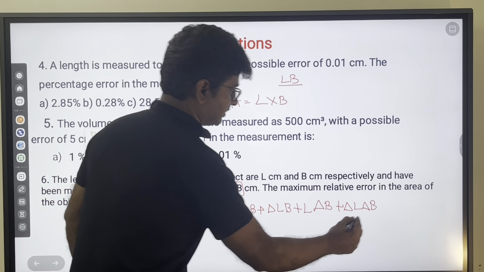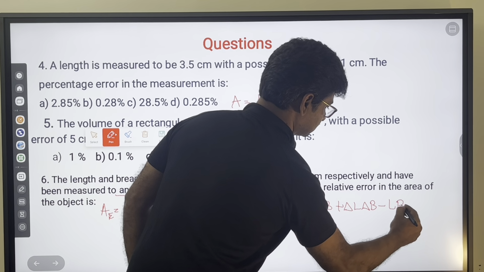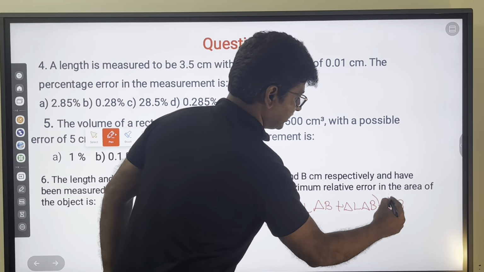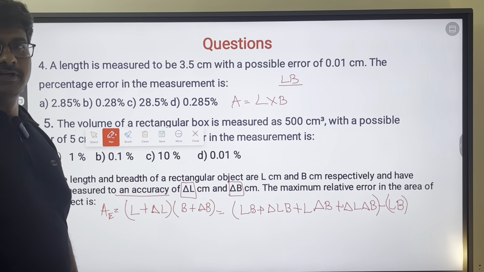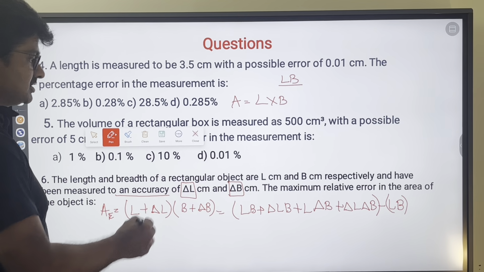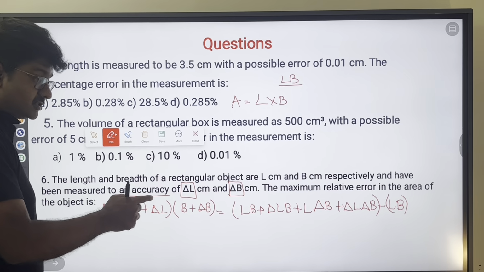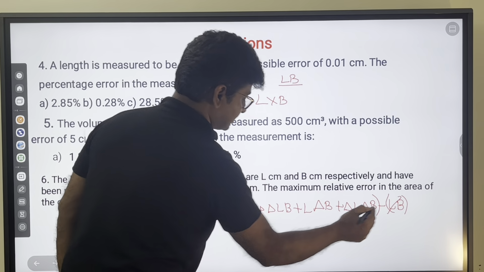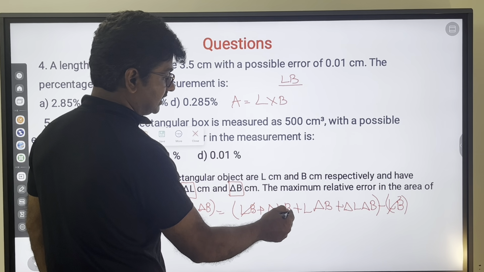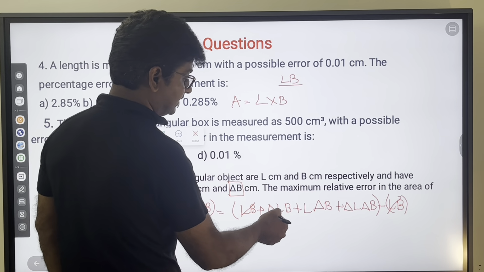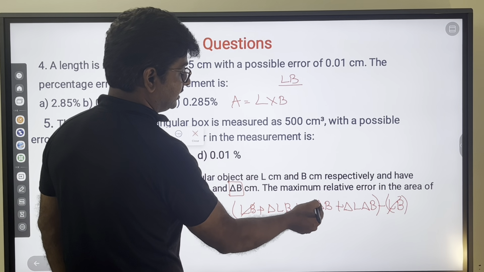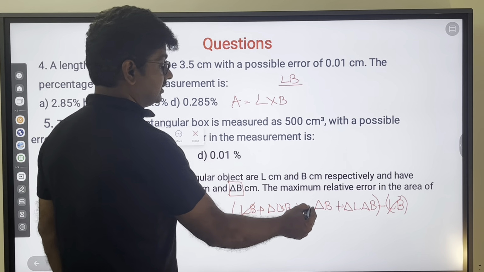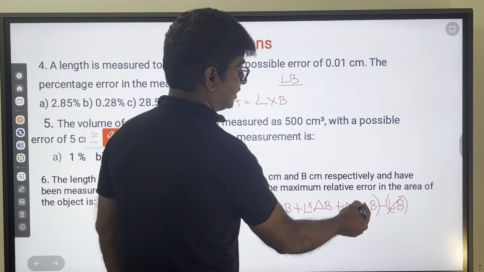L into B. So minus LB, this minus actual is your error. So what is the error in the area now? LB minus LB, you are left with delta L into B plus L into delta B plus delta L into delta B.